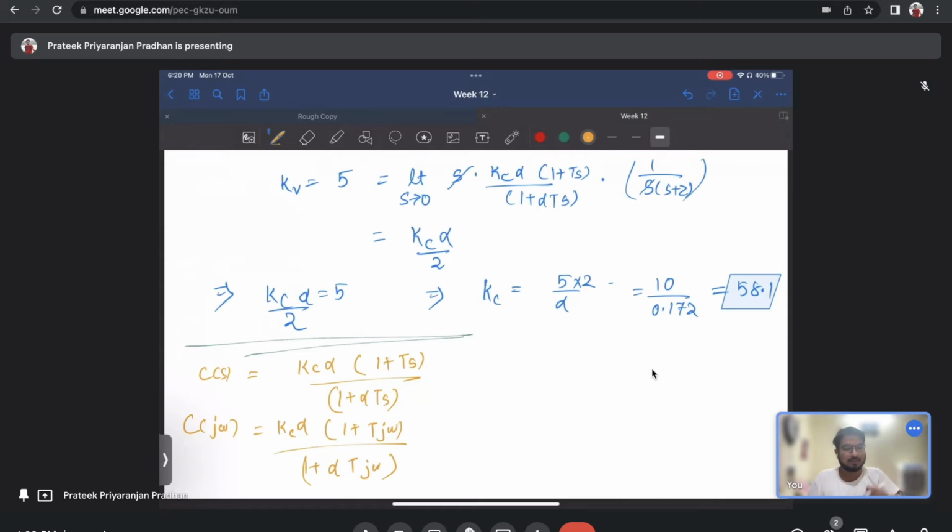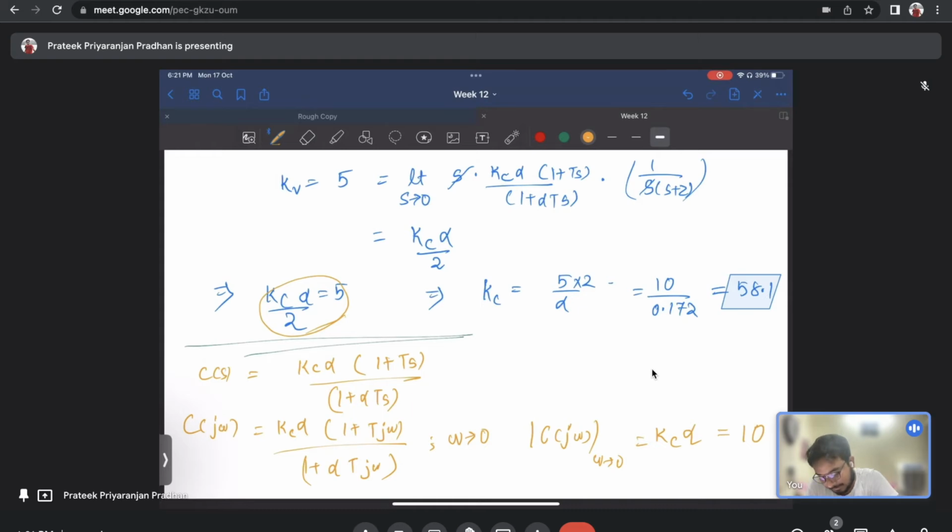The question is asked about the compensator only. So when omega tends to 0, the magnitude of C of j omega will be Kc alpha. In the above we know Kc alpha is 10.